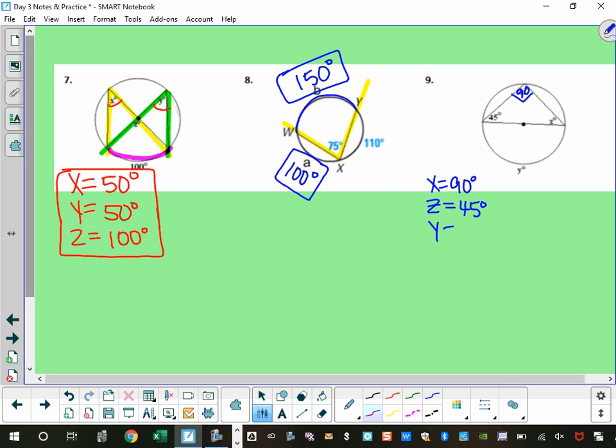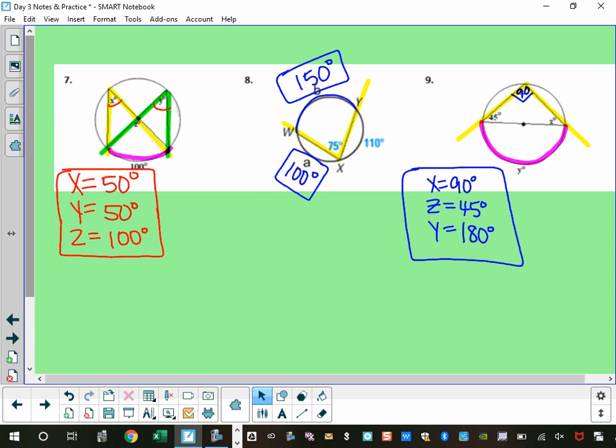And to find y, look at your inscribed angle. Here it is. And so this arc is going to be what? Not 90. From angle to arc, we times 2. So your arc here for this inscribed angle will be 180 degrees.